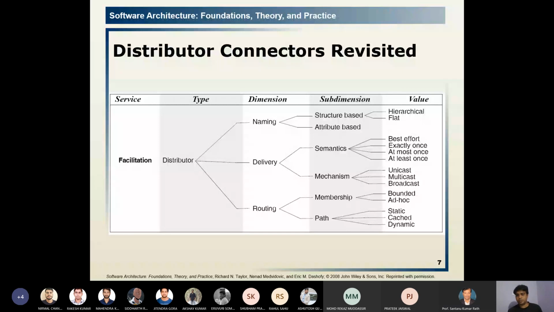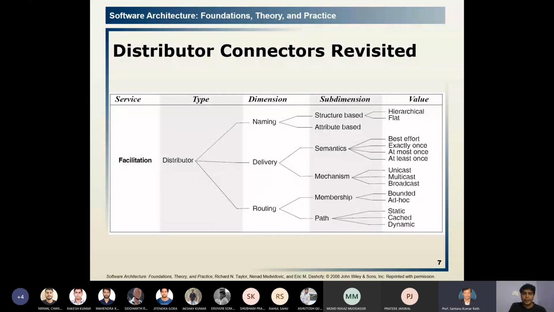If it is semantic based, then how many times is it delivered: exactly once delivered, at most once delivered, or at least once delivered. If it is using a mechanism for the delivery, whether you are delivering to one person, a number of persons, or the whole group of persons, means unicast, multicast or broadcast.